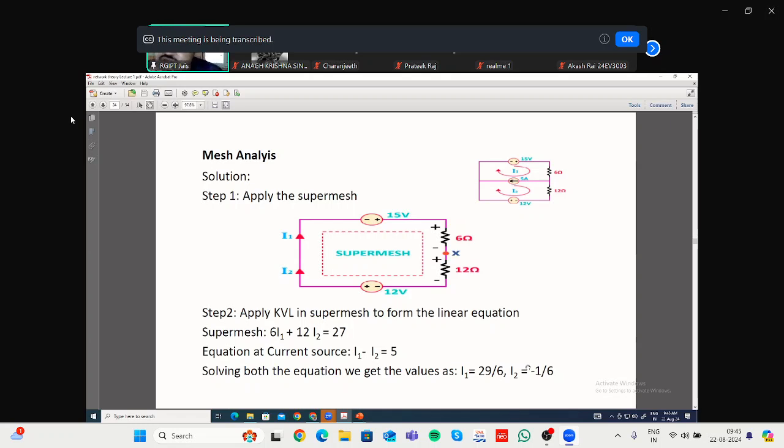Let us first consider the case of the voltage source. We are considering zero resistance. The same question you will ask: why do we consider zero resistance for a voltage source? Let us say that it is not zero resistance, it has some finite resistance.